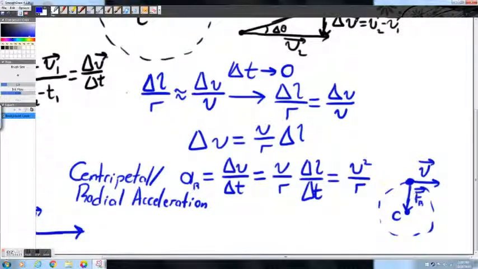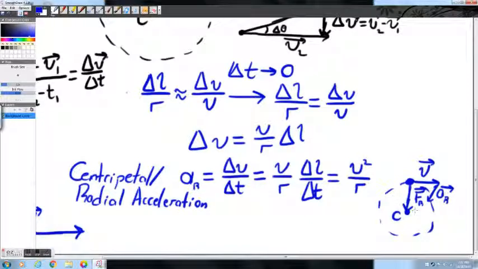And the acceleration caused by this radial force, centripetal acceleration, is going to be along the radius as well.